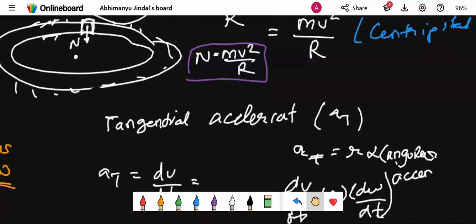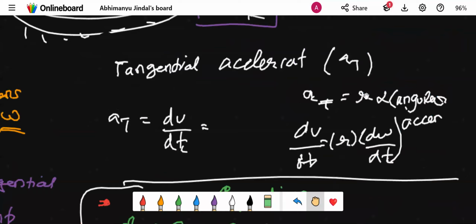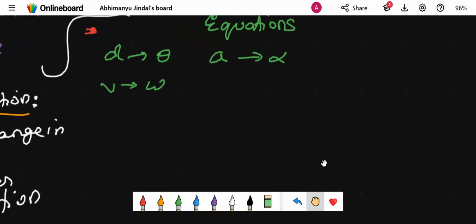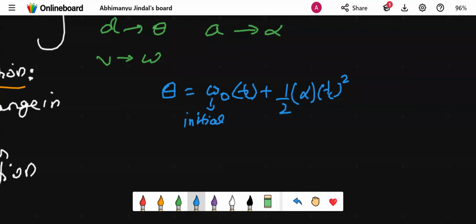And here's an application of it, a circular groove. The normal force by the wall is mv square by r, which is the net force. So the equations of kinematics, just note them down quickly. Theta equals omega naught t plus half alpha t square, where omega naught is the initial omega. It's the same thing as v equals ut plus half at square. Let's go faster.